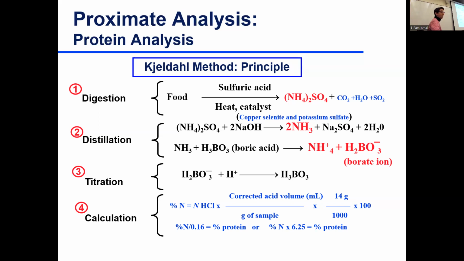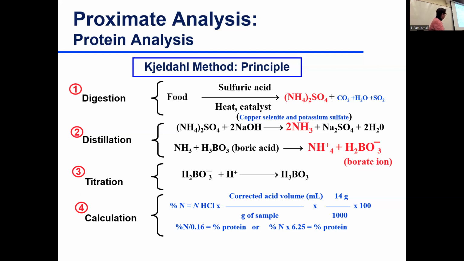So Kjeldahl has high precision, is very reproducible, and is a reliable method of analysis. If you prepare the reagents correctly and you follow the steps, you can't go wrong, basically, with Kjeldahl.